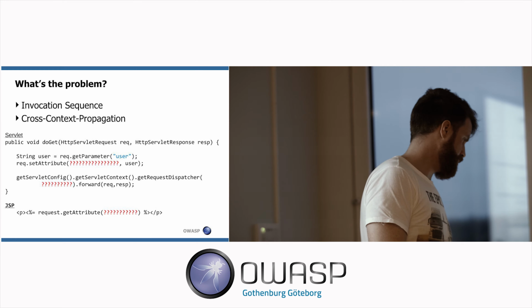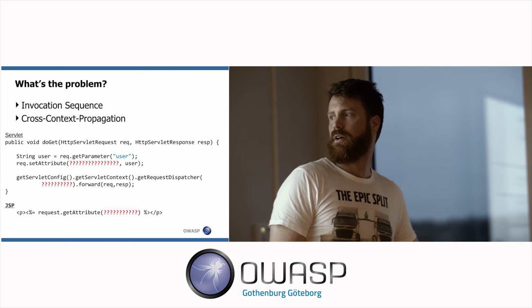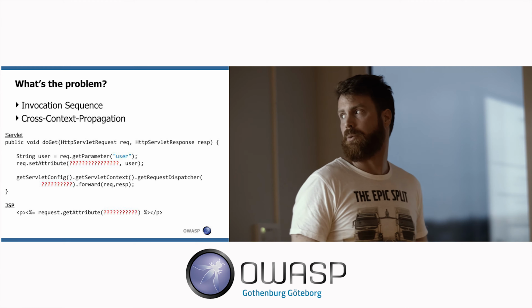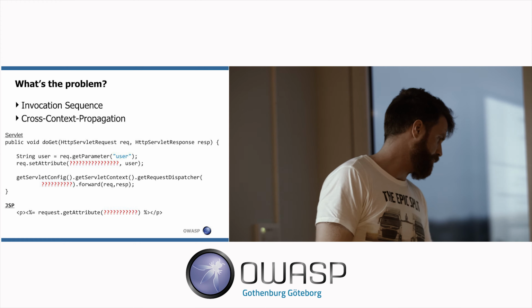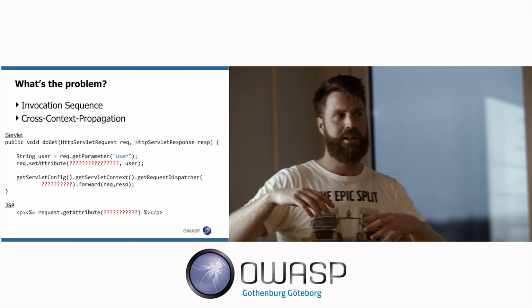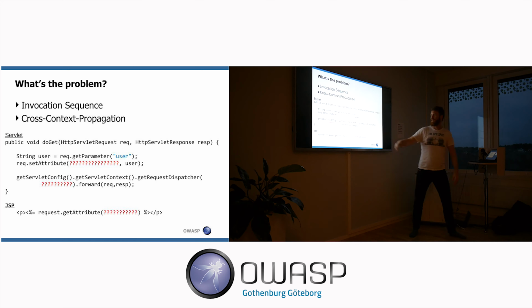So here, if someone inputs something else here, we have no idea what's going to happen. And there's cross-context propagation. So when the SCA tool is trying to build up this tree that I showed you, it has no idea what's happening here, so the flow trace just gets messed up.